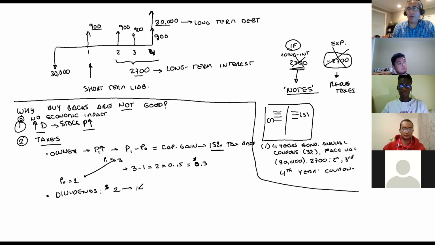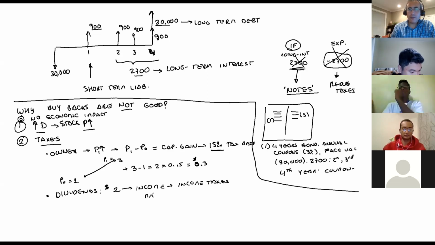Dividends, guys, are like income, and income is subject to income taxes, at the marginal rate. If you make more than $400,000 or even more than 2 million, the marginal rate is more or less 33% and up. So what is the best strategy for you as the owner? Receive dividends or receive capital gains? Capital gains.